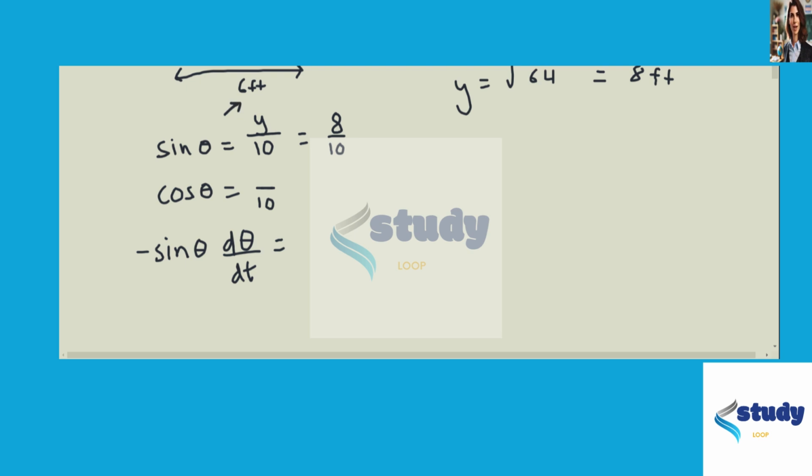Since that distance is changing, we can keep it as a variable x, so that when we take the derivative, we will get x over 10. And then you take the derivative of x, that'll go to 1. And then you have dx over dt.